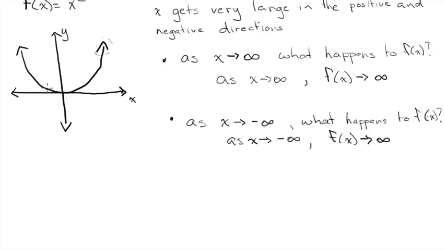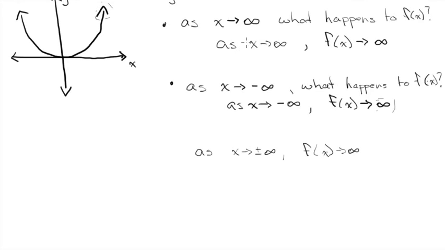In this case, both end behaviors are positive infinity, so you could write, as x approaches positive or negative infinity, f of x goes to infinity, just to save yourself some time. But if you don't want to do that, you could just write the two statements.